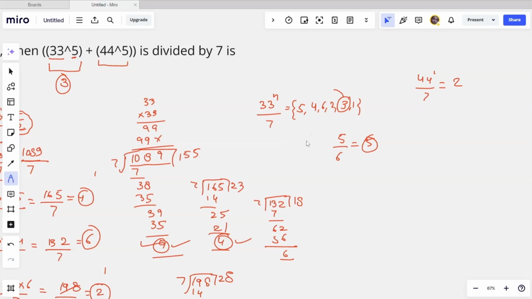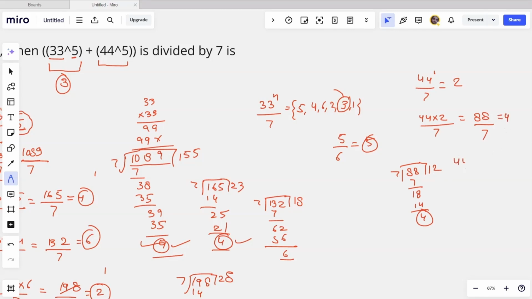And I told you another approach, so we will apply that particular approach. 44 into 2 divided by 7, it will become 88 by 7. And while we divide 88, 7 times 1 is 7, it will become 1. And 7 times 2 is 14, it will become 4 as a remainder. So it means 4 here.